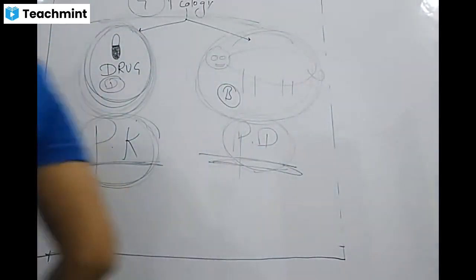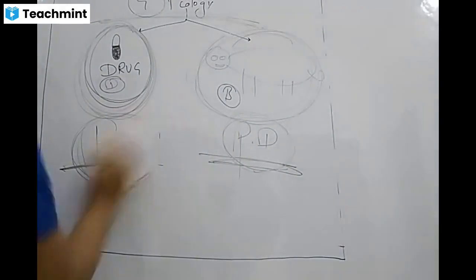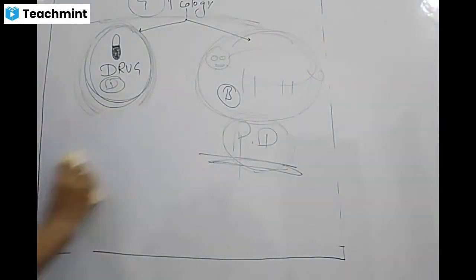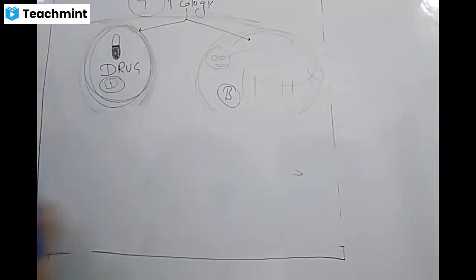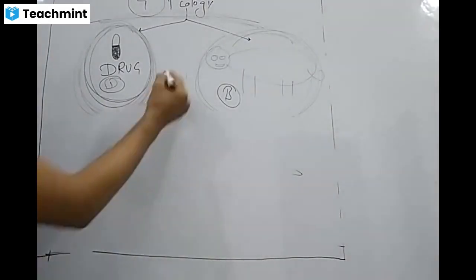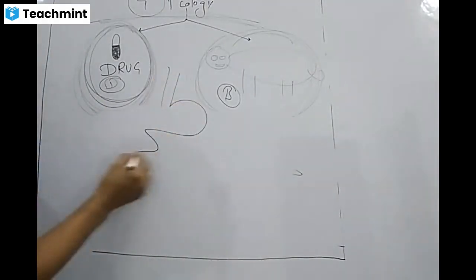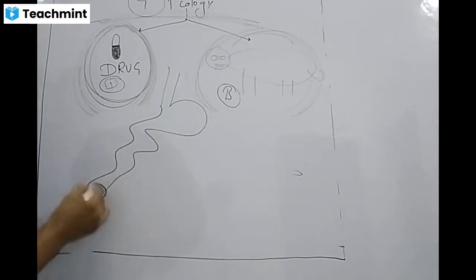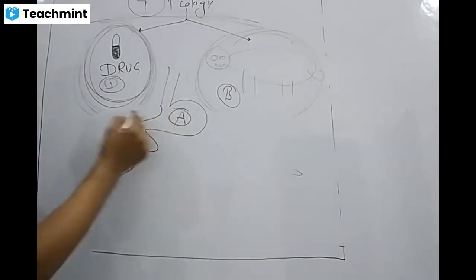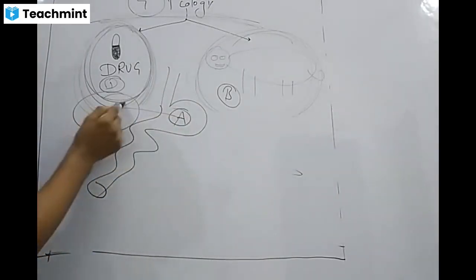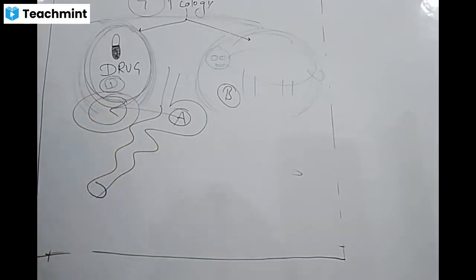So if I tell you about the pharmacokinetic, for the sake of convenience, we have divided it into 4 processes. Like absorption, means the drug will come into the blood circulation.